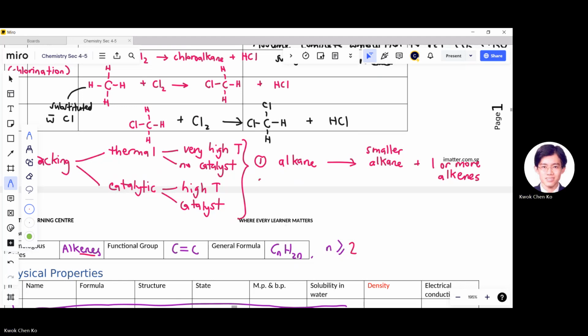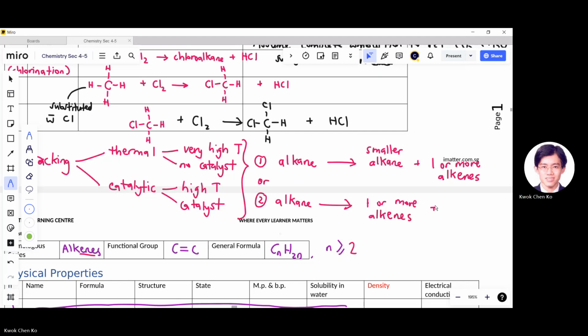Or it can be thermal or catalytic as well. You will start with the same alkane, and you crack it into one or more alkenes. Watch your spelling.